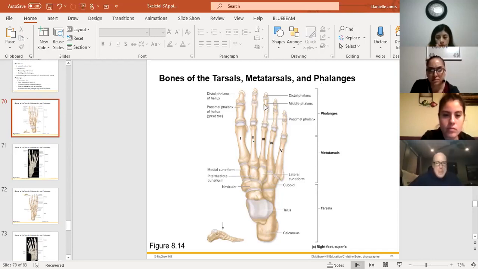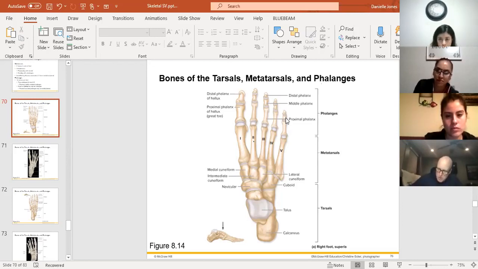What about this row? Distal. Oh, no, that's middle. Middle phalanges. Okay. Middle phalanges. Yep. Okay, good. You guys are getting it.